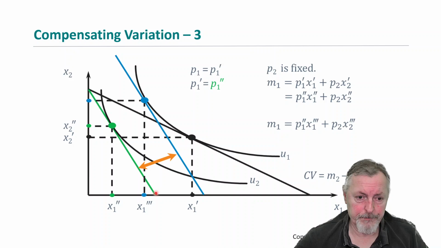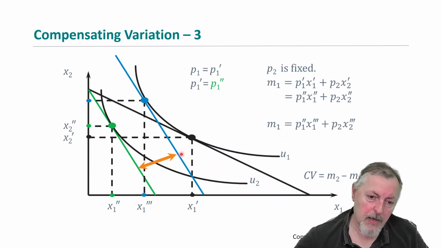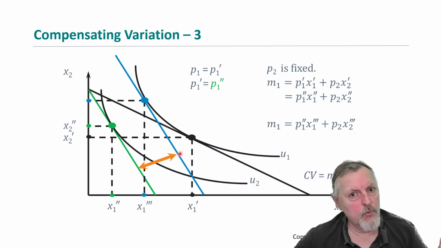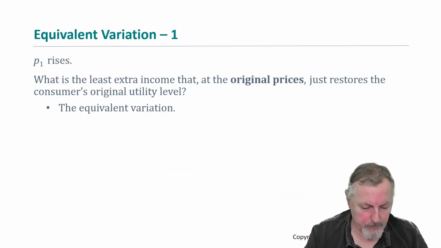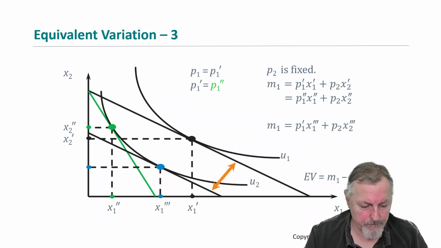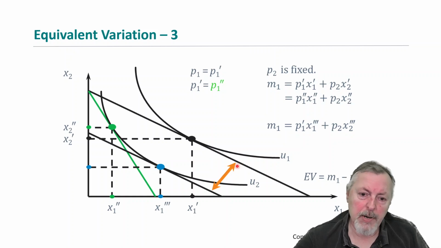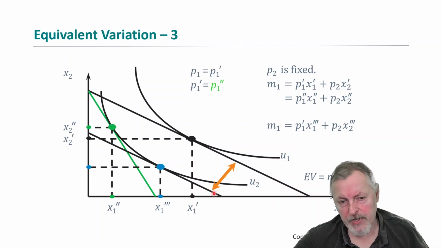It's this distance measured at the new prices, because both lines have the new price slope. Here, you're doing the same thing. You're measuring the distance between U1 and U2, but at the old slope in both cases.